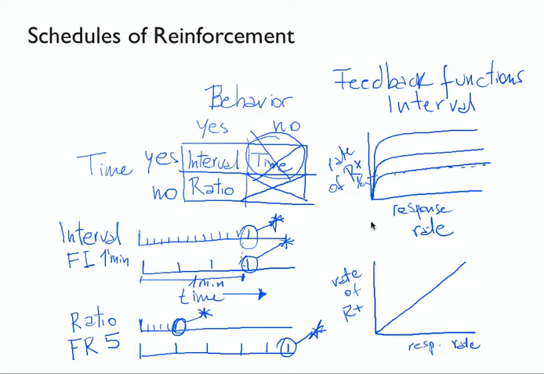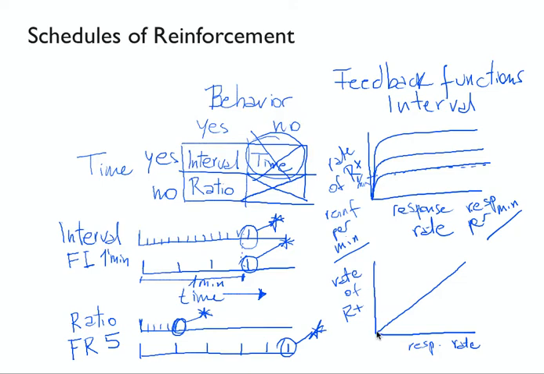Both are measured in units of time: rate of reinforcement is in reinforcers per minute, and response rate is in responses per unit of time, in this case minutes. So the more responses per minute I produce in a ratio schedule, the more reinforcers per minute I obtain from that schedule. That's the nature of a ratio schedule.